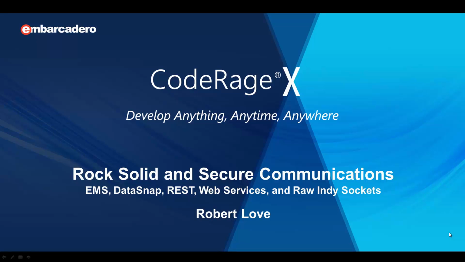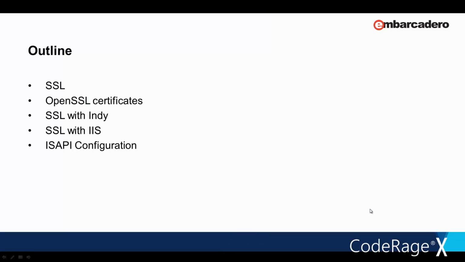And so with that, we are going to go into a little outline. We're going to talk a little bit about SSL and how it works as a protocol. Really not how it works, but more along the lines of what options you might need to choose within it. Then we'll talk about OpenSSL and how certificates can work with OpenSSL.